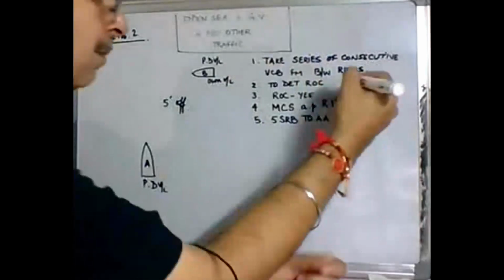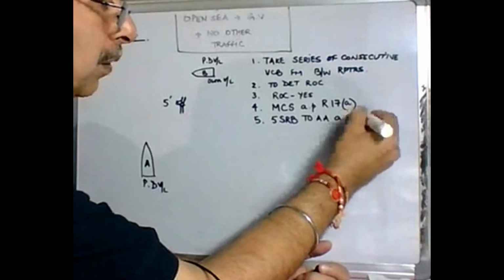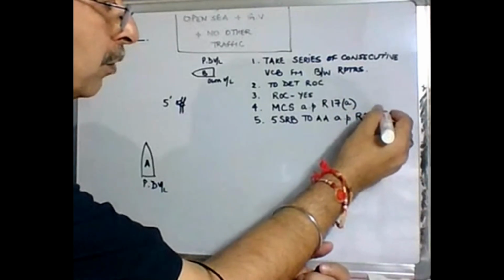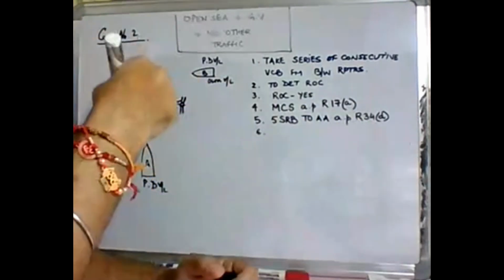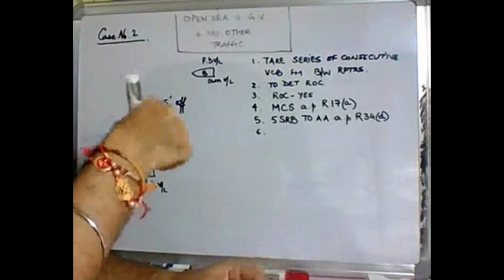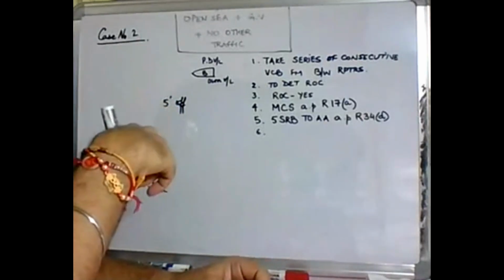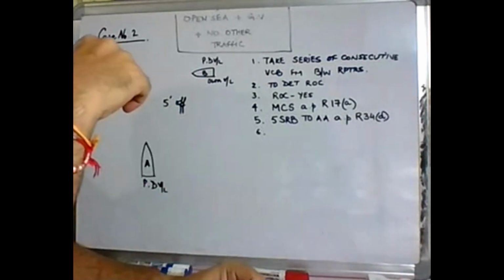Five short and rapid blasts to attract attention, as per 34 delta. You need to attract her attention. She still does not do anything. Distance still reduces. From 4 it becomes 3. So take such action which would be best to avoid collision. So what will be that action?